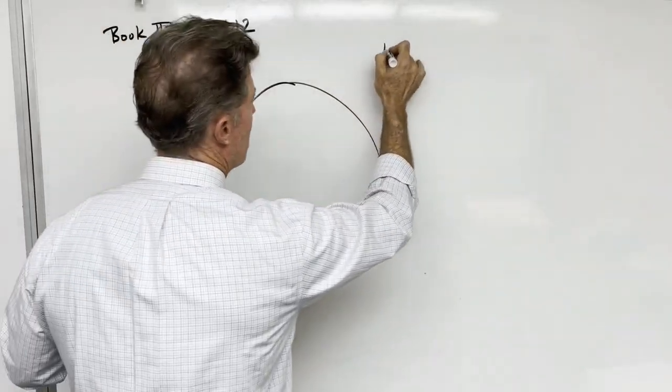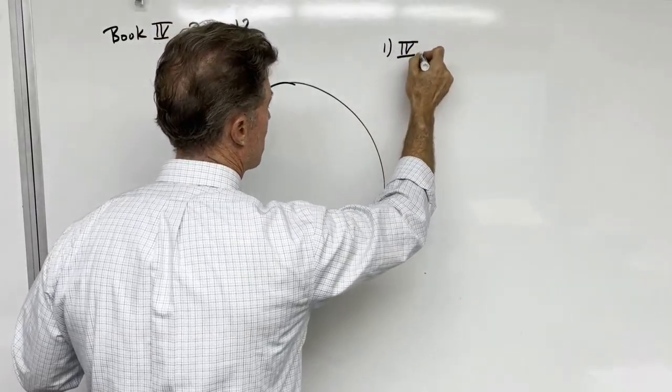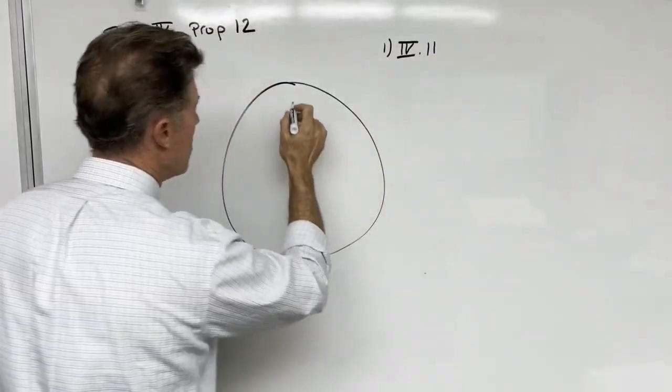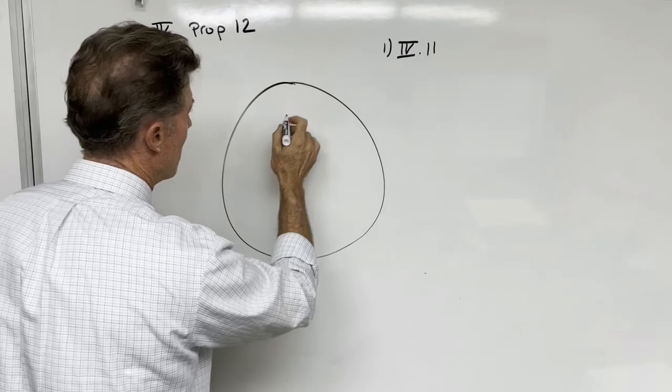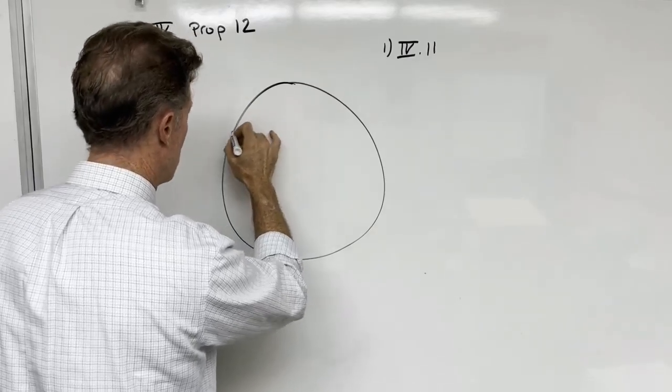Our first step is we're going to use the last prop, 4.11, and we're going to inscribe a pentagon that is inside this particular circle.